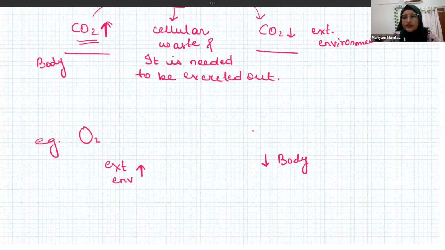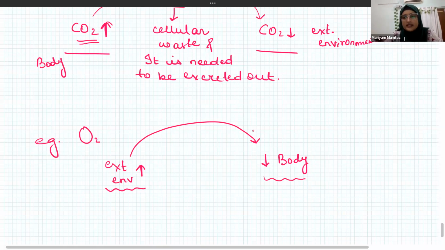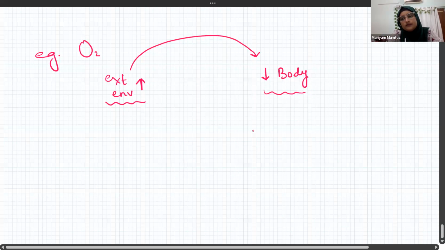Where will it diffuse to? In the body. From the external environment to the body. Why? Because here the concentration is higher and here the concentration is lower. So as I said, gases move from a region of higher concentration to a lower concentration. And this process is known as diffusion.